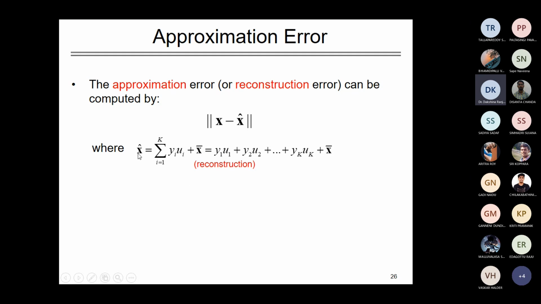So here we get the approximation. If we get this x bar on the other side, then this will be given by summation over yi and ui for k number of features or k number of eigenvalues.